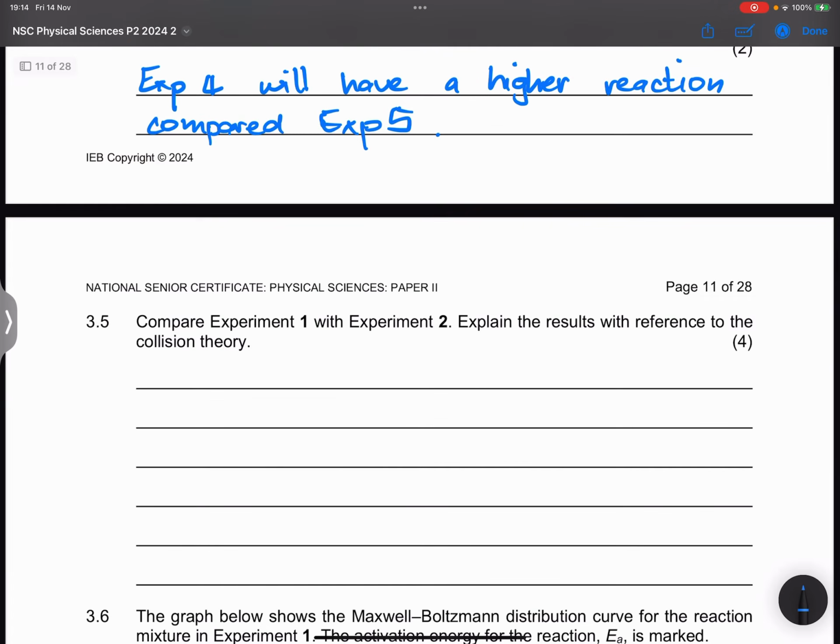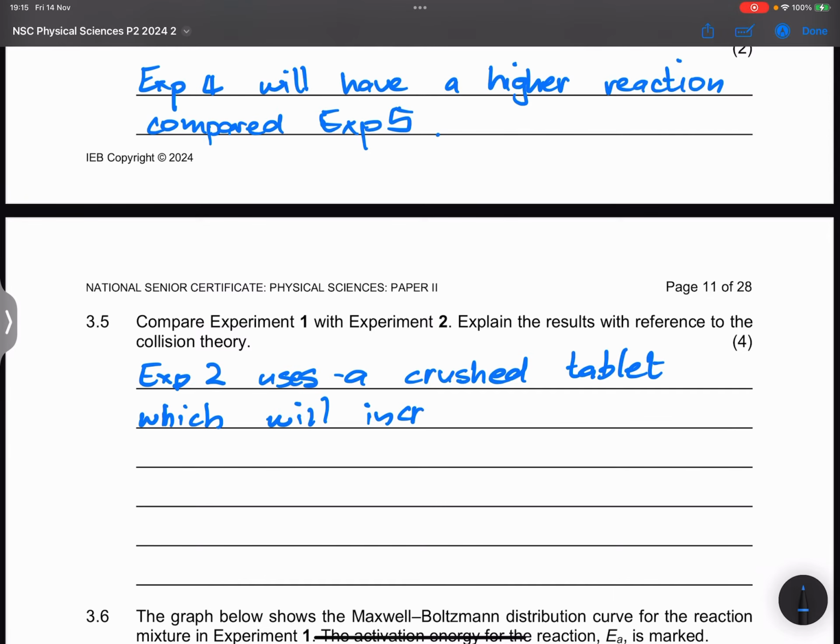So we can say that experiment 2 uses a crushed tablet, which will give a higher surface area.